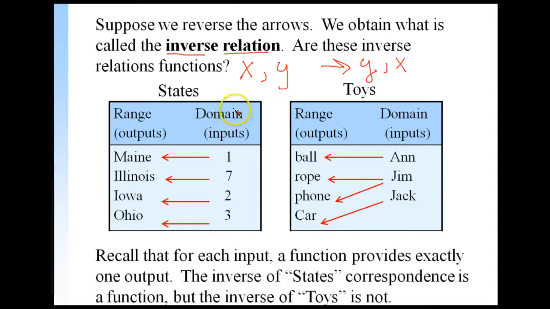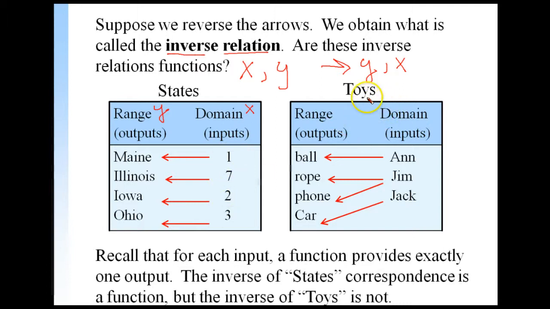So our domain, which is on this side now, which used to be our y's, these are our new x's, and these are our new ranges. Now in the states, can you see it's still a one-to-one relation and is a function.